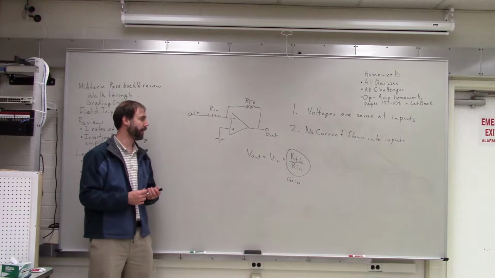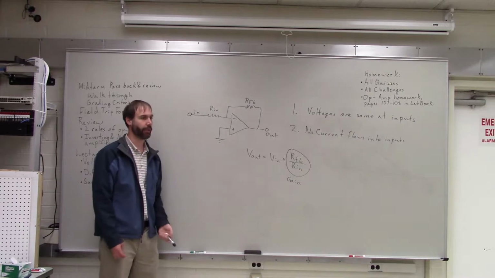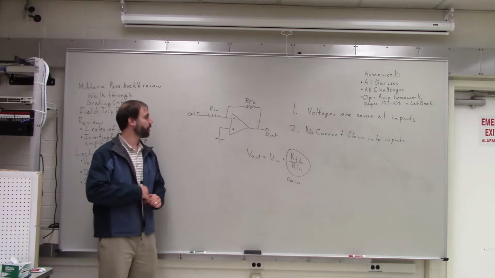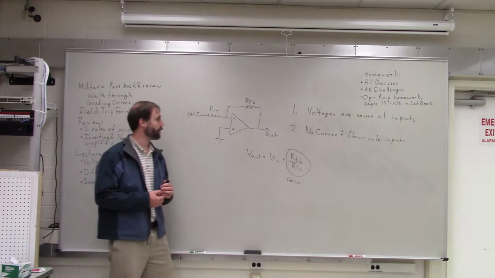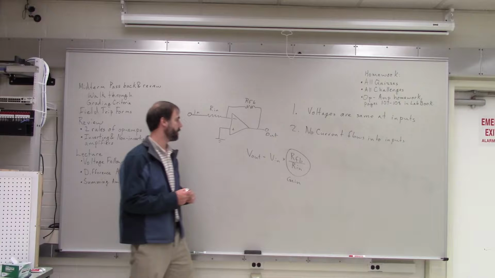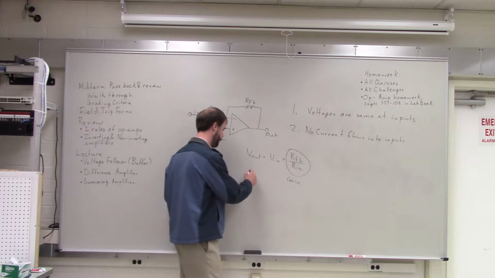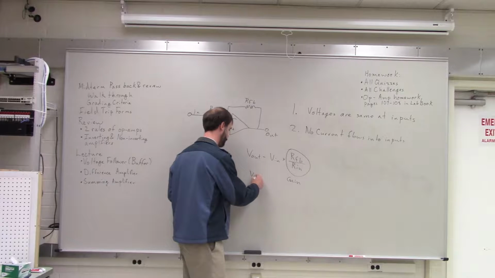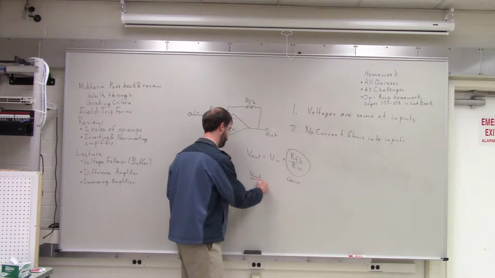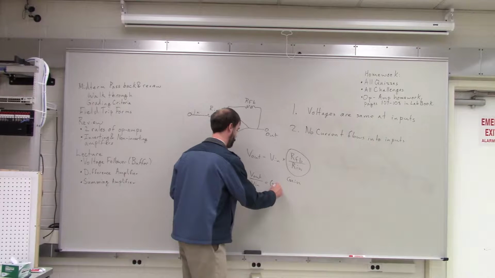We could find the gain in a couple of different ways. We could calculate it using this formula, or we could actually measure it. If we measure the output voltage and divide that by the input voltage, that also gives us the gain. Okay?